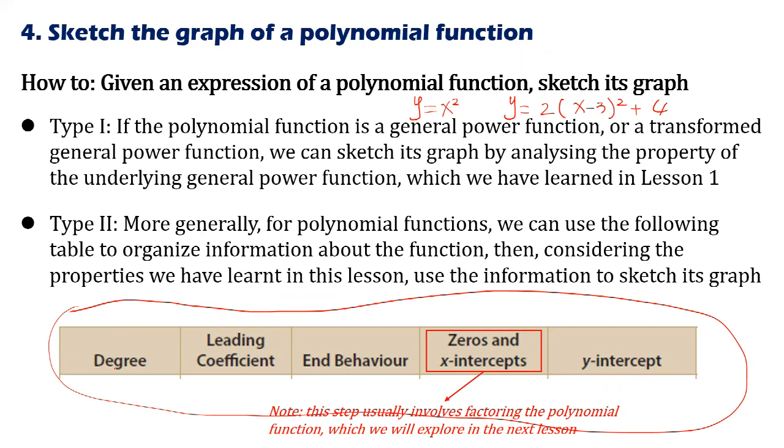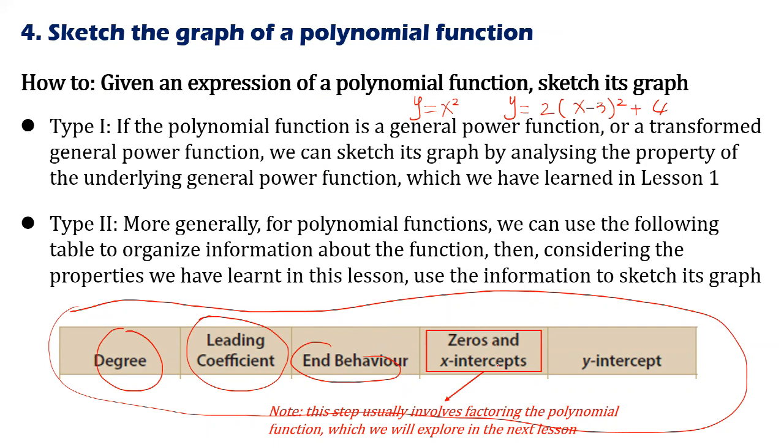So degree, this is by definition. Check the largest order of the variable x. Leading coefficient, also by definition, you need to check it by yourself. And behavior is when x approaches negative or positive infinity, how does the overall function change?